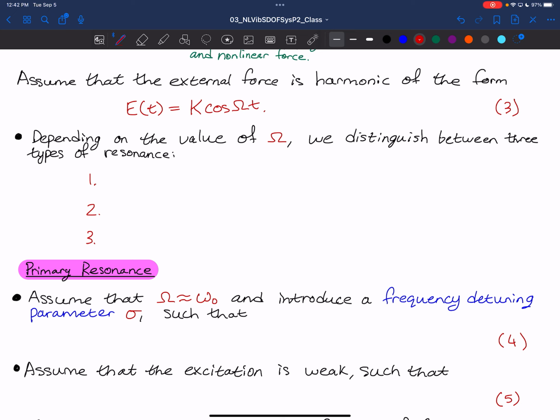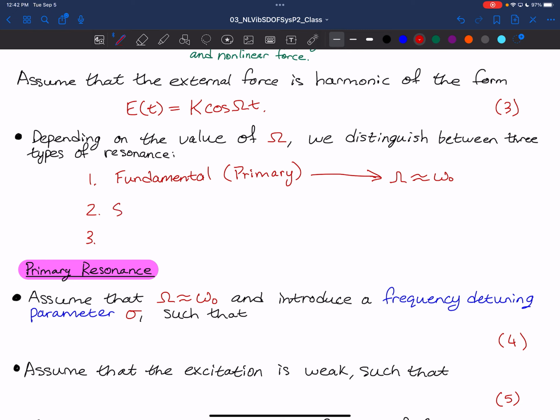Depending on what value capital omega has, we will end up with 3 types of resonance that can occur. We'll have what's known as fundamental resonance, which is also called primary, in which case capital omega is close to omega 0.